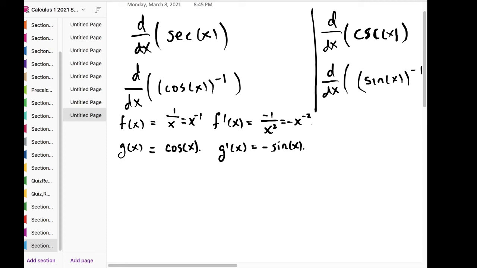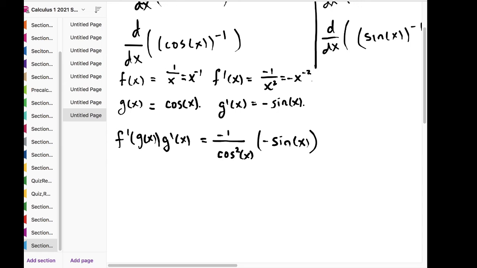Okay, so the derivative is f prime of g of x times g prime of x. So you just plug everything in. F prime is negative 1 over, you plug in cosine, because that's g, cosine squared, and then multiplied by g prime.